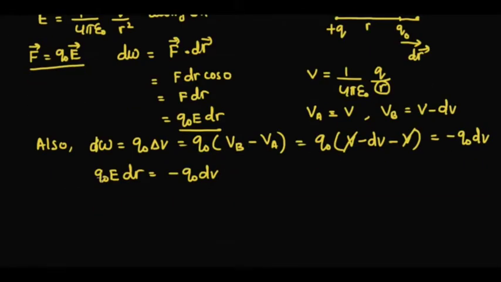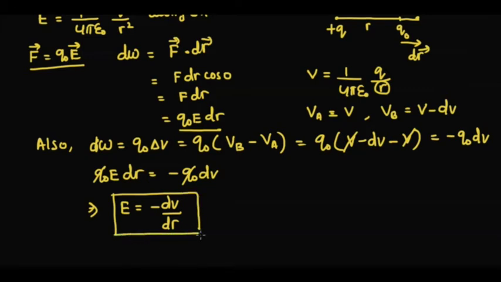So Q naught will cancel, and you can write that E is equal to minus dV by dr. So this is the relation between the electric field and the potential gradient. Is that clear? Now we have to understand what is the meaning of this quantity minus dV by dr.